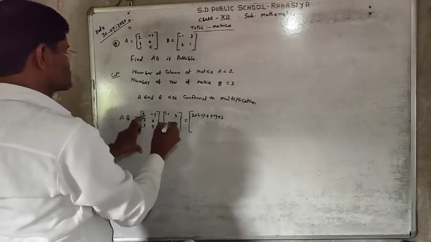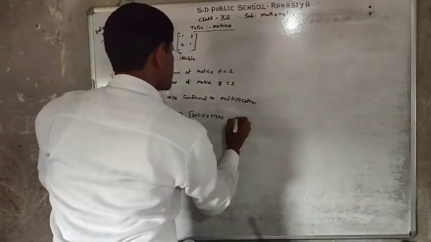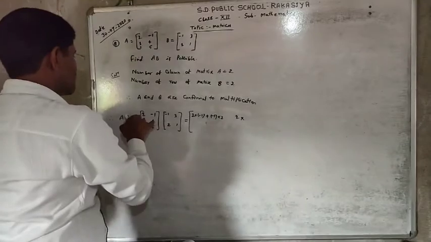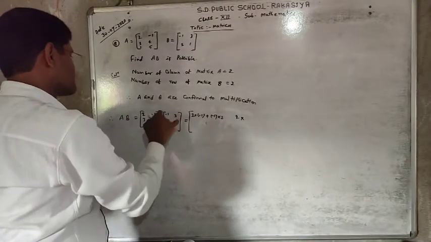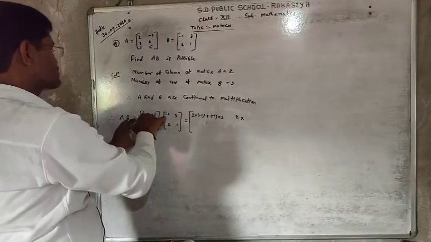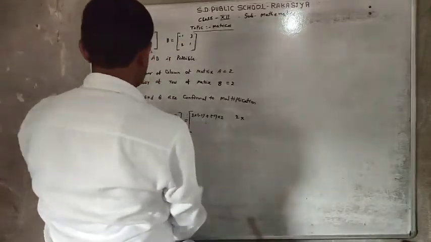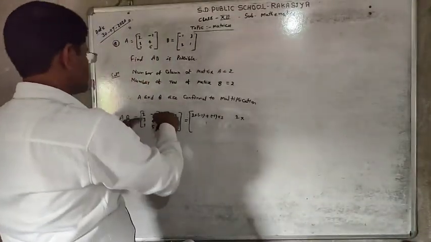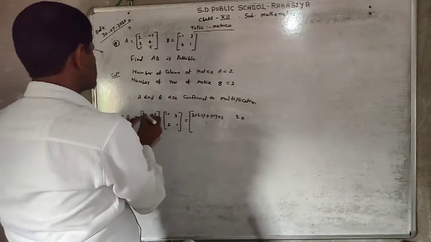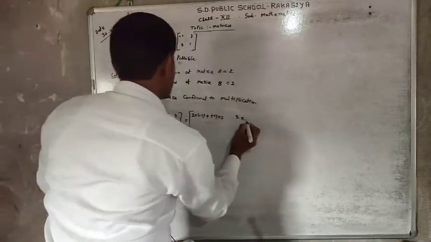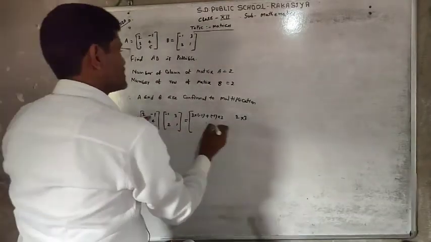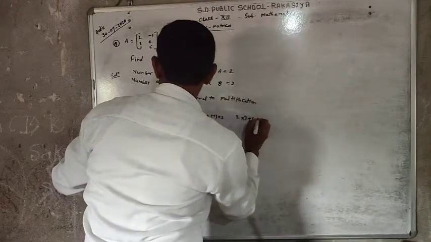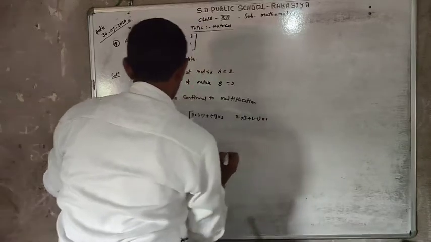The next element is the first row with the second column. The first row is 2, -1 and the first column is -1, 2. Now we multiply 2 into 3 from the second column of matrix B, plus -1 into 1.